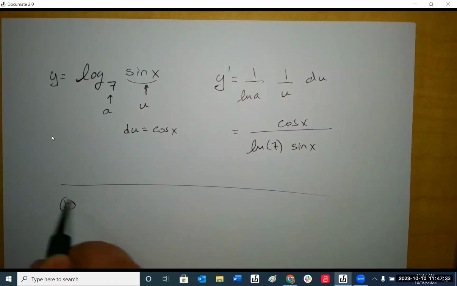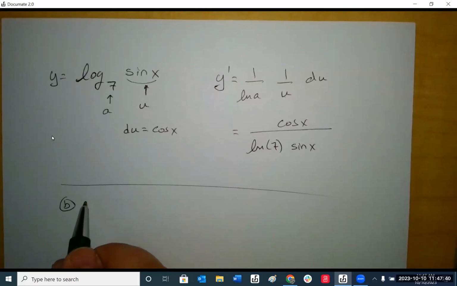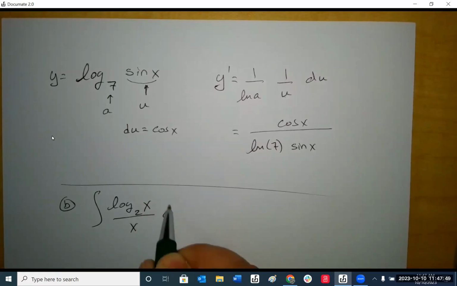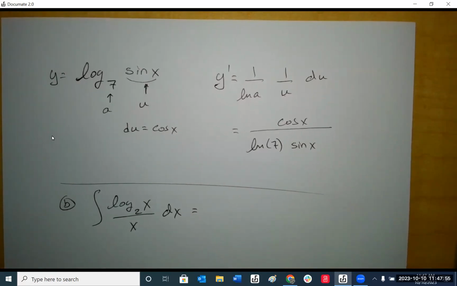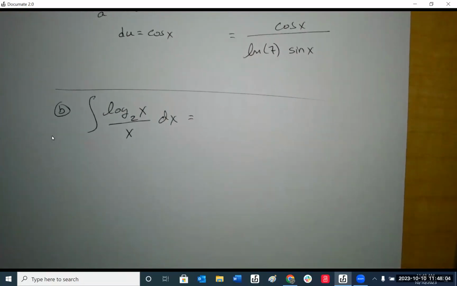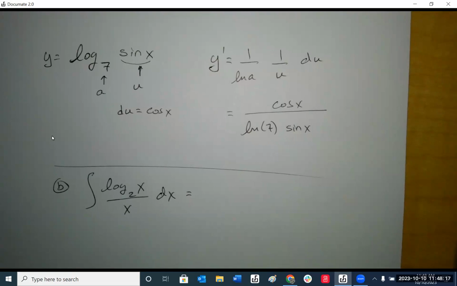Let's try an integral one. The integral of log base 2 of x over x dx. Yes.